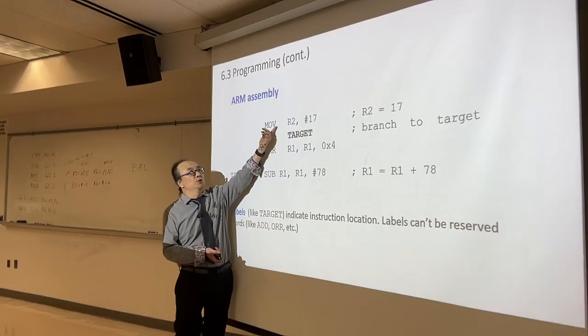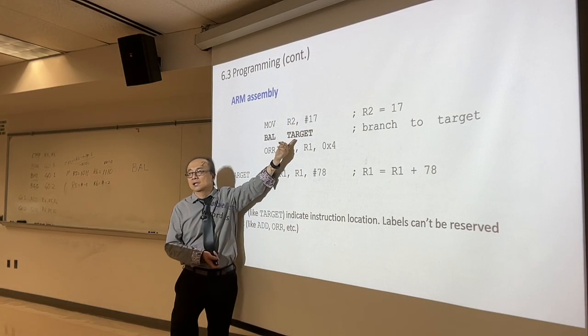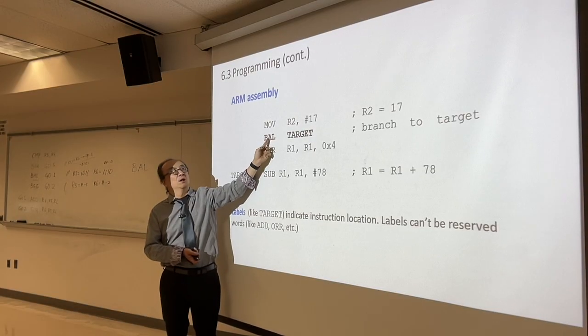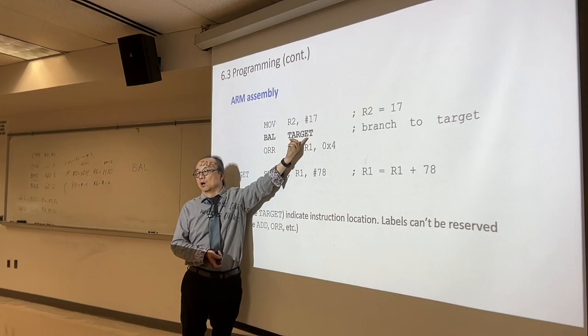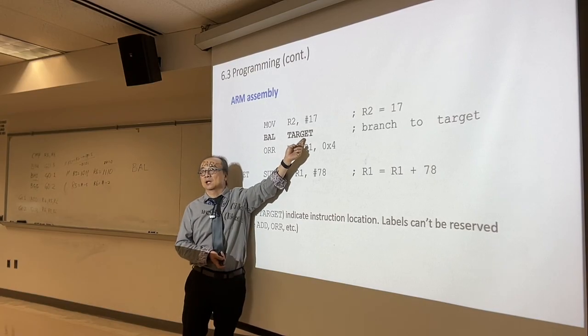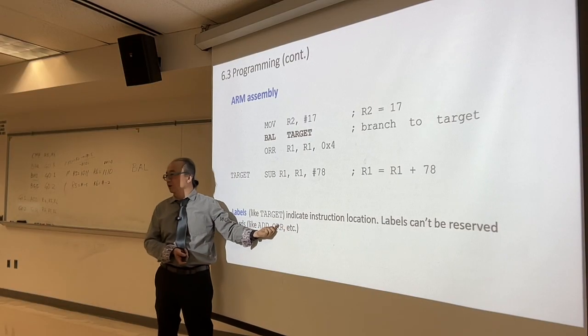Copy this down. So we're gonna move decimal number 17 into R2. And the next instruction is branch always, where you will get some target word. So we don't want to use this as an add, subtract, anything reserved for the instructions. We cannot use that.